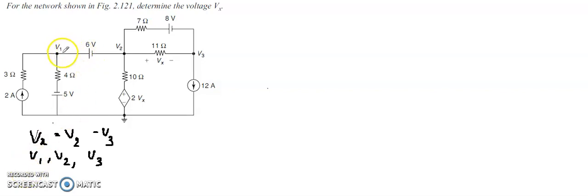Considering node 1, we cannot write the KCL for node 1 alone. So we can combine these two nodes to write the KCL.